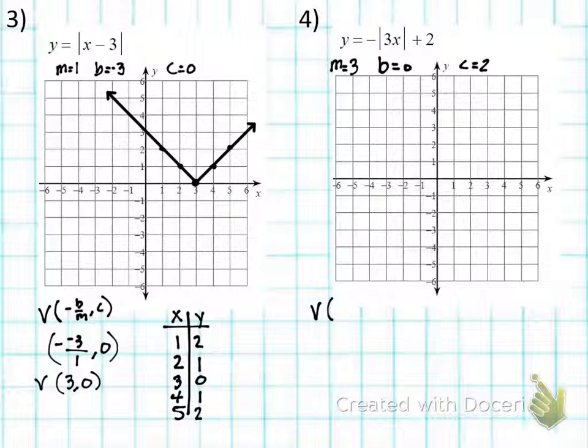Vertex is going to be at negative B over M, C. You could do this along with me. So it's going to be negative 0 over 3. And our C is 2. So our vertex is going to be at (0, 2). Right?